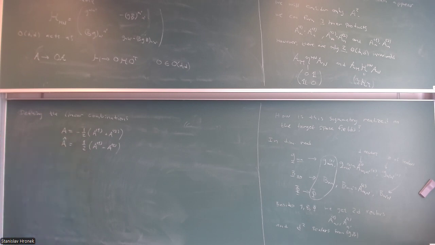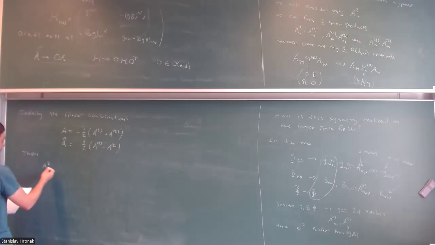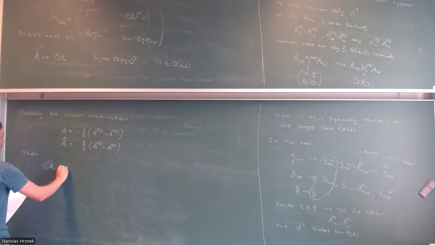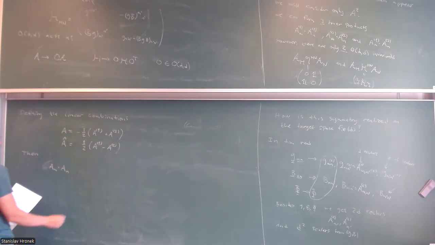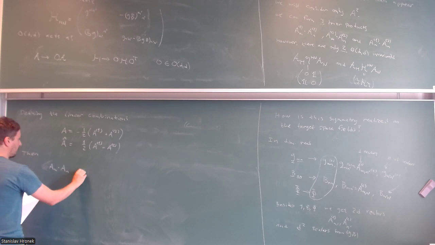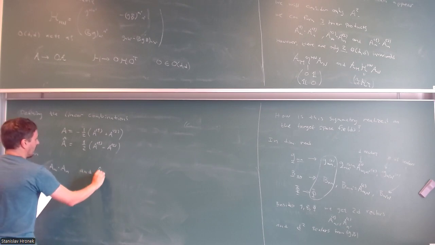Some things become simpler. It turns out then that A squared, we just contract internally with the dot, and write it like this without indices. And likewise A hat squared.